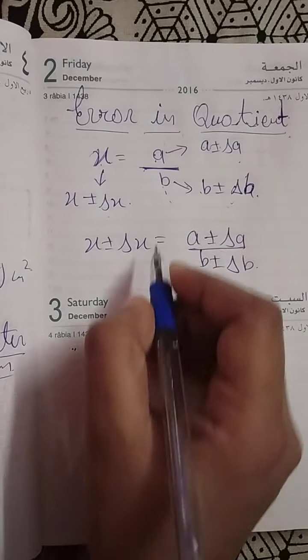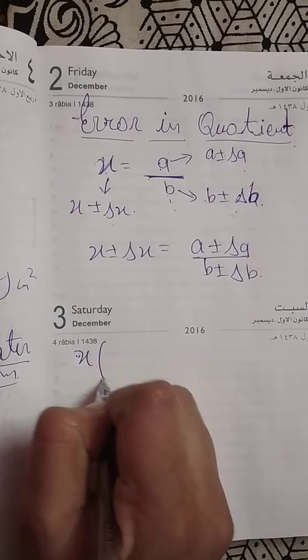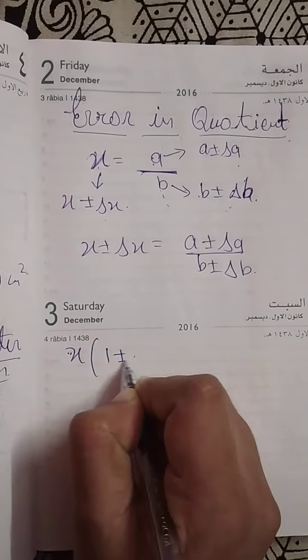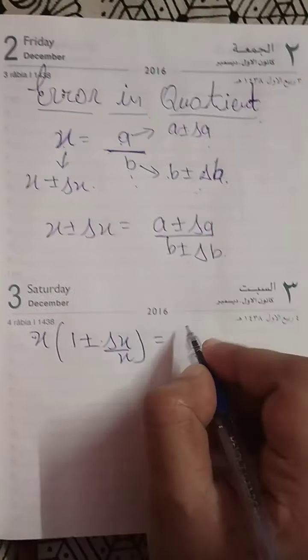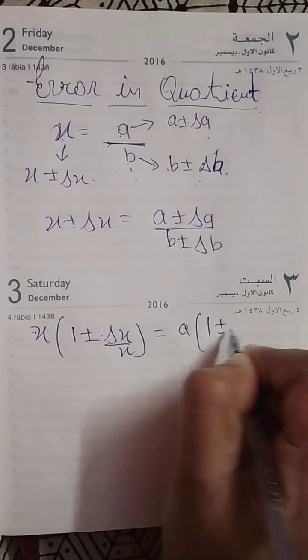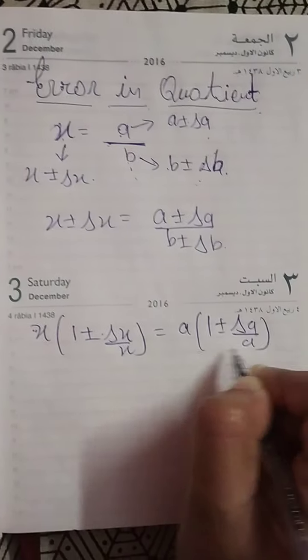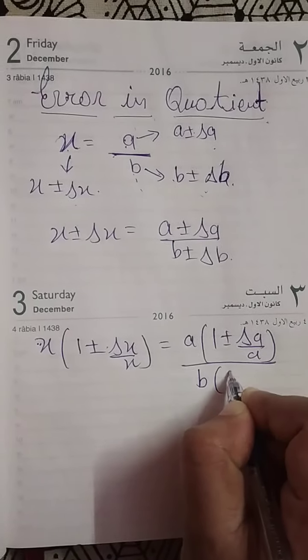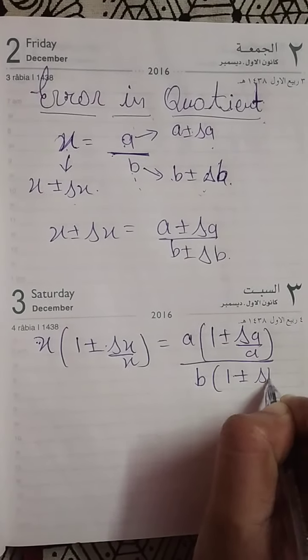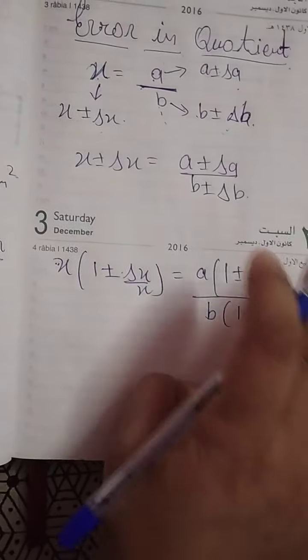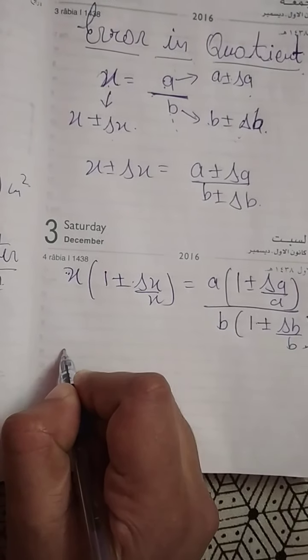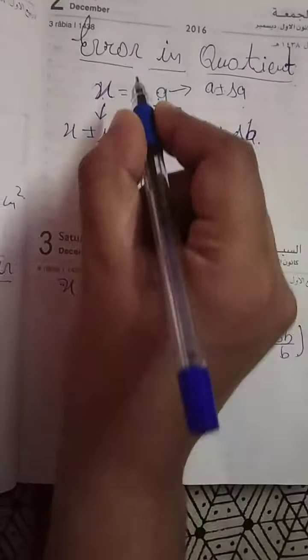you will find x times 1 plus minus delta x over x is equal to, if you take a common from here, you will find 1 plus minus delta a over a. If you take b common, that is 1 plus minus delta b over b. Now students, look, a upon b will give you x.